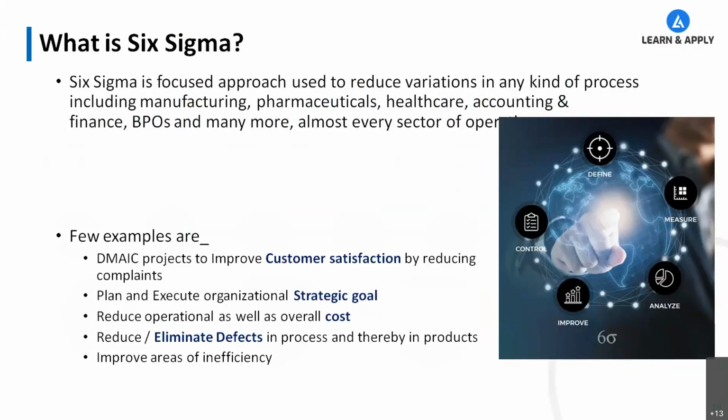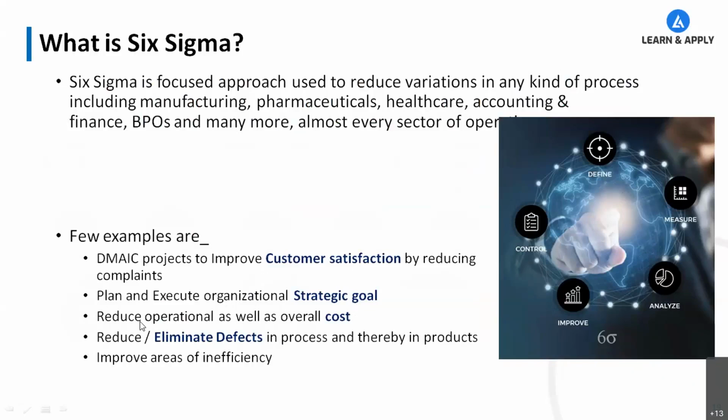There are a few examples, like the DMAIC project. DMAIC stands for these 5 steps: define, measure, analyze, improve, and control. It strives to improve customer satisfaction by reducing complaints. What we do with that is also plan and execute organizational strategic goals. Whatever the strategic goal of the organization is, we apply the Six Sigma approach to achieve it, and with that, success for the organization.